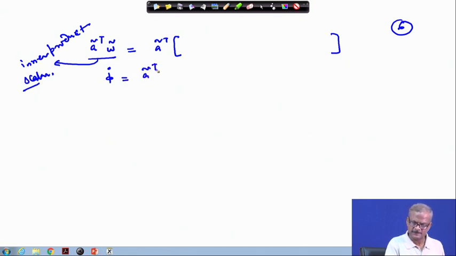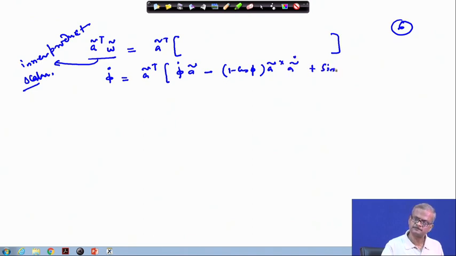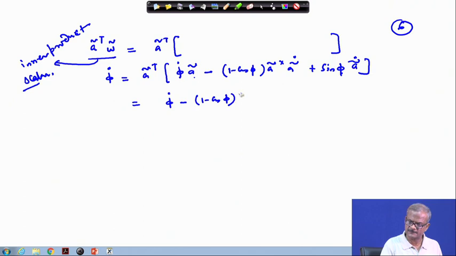So, here we will have A tilde transpose times phi dot A tilde times 1 minus cos phi. If we take it inside the bracket, phi dot times this quantity becomes 1, because A tilde is of unity magnitude, then 1 minus cos phi, and plus sin phi times A tilde transpose times A tilde dot.